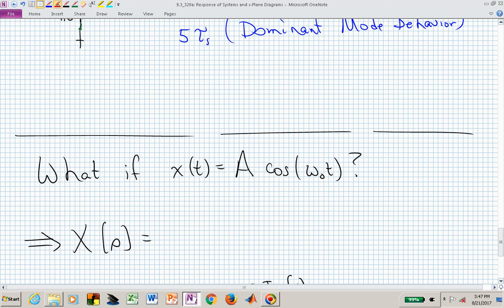If we take the Laplace transform of little x of t, hopefully you're starting to almost have these tables ingrained, so that this now becomes AS over S squared plus omega naught squared.